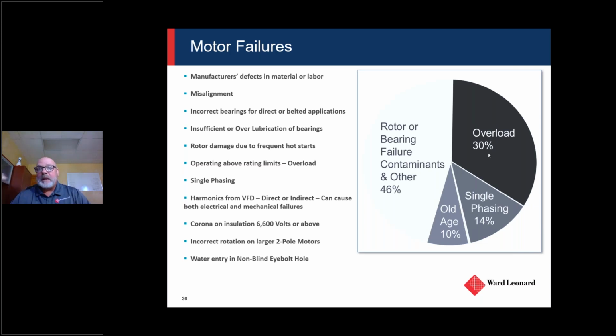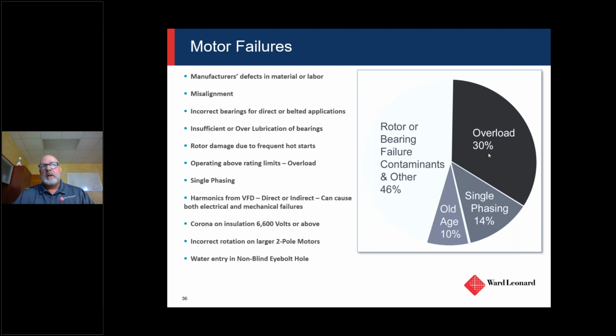Overloading a motor means running it past its rated load, so if it's rated for 50 amps and you run it at 60 amps, you're overloading the motor. The motor's producing more heat that it's not designed to wick away or cool, right? It just can't cool itself. So that's where we see an overloaded condition.